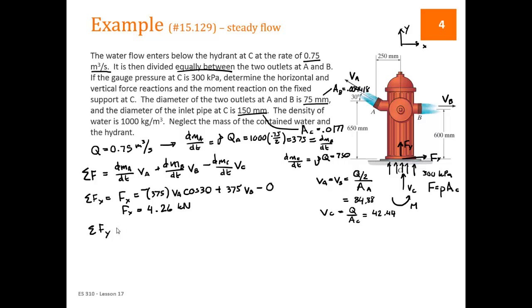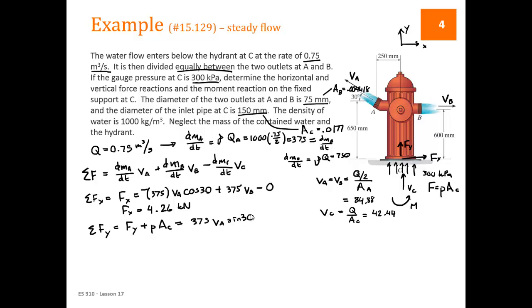Then we do the same thing for the y direction. In the y direction, there are two forces. We have Fy, which is the force of the connection with the ground, and we also have this pressure force, which we said was the pressure times AC. We know the pressure is given to us right here, and AC we found was 0.0177, so that is actually a known number. Then on the right-hand side, we've got 375 times VA sine of 30.